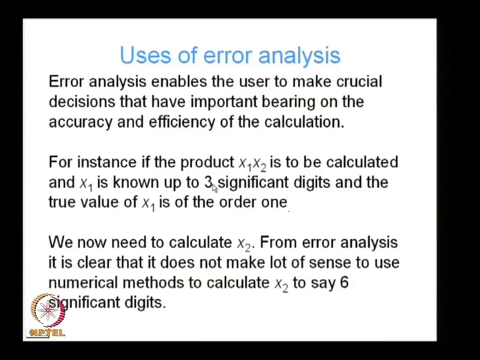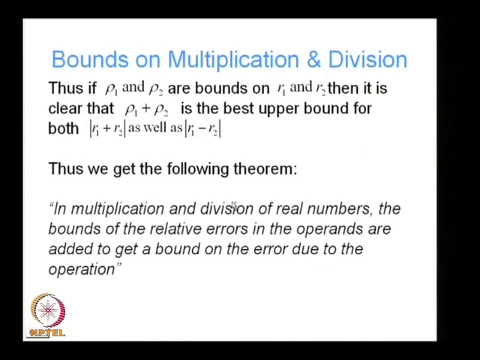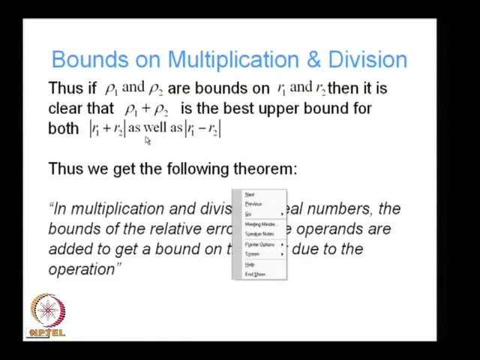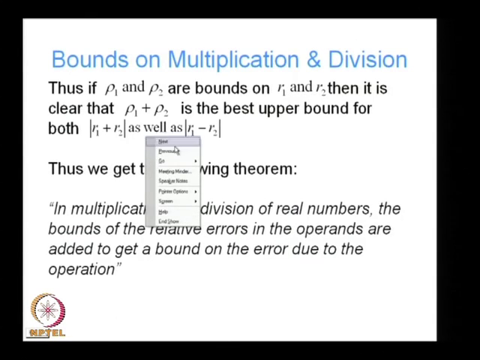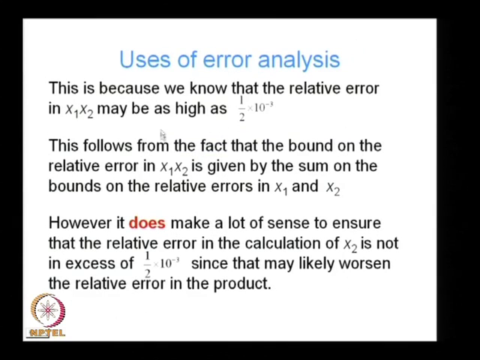So, the error in x1 is bounded by half into 10 to the power minus 3, and since the error in the product is bounded by the sum of the errors in the operands themselves, the error in x1 x2 can be as high as half into 10 to the power minus 3.